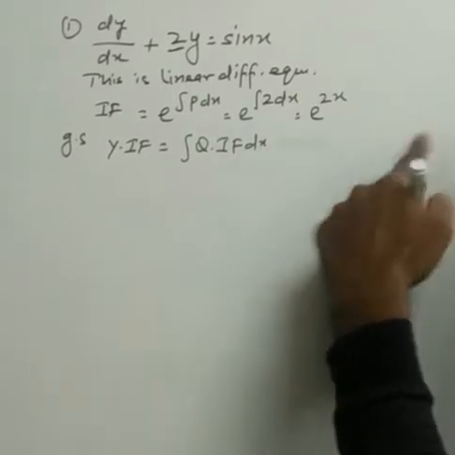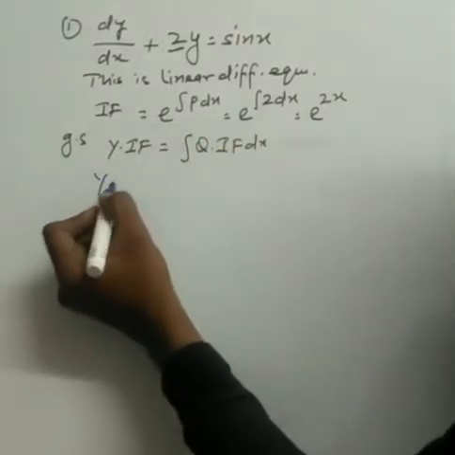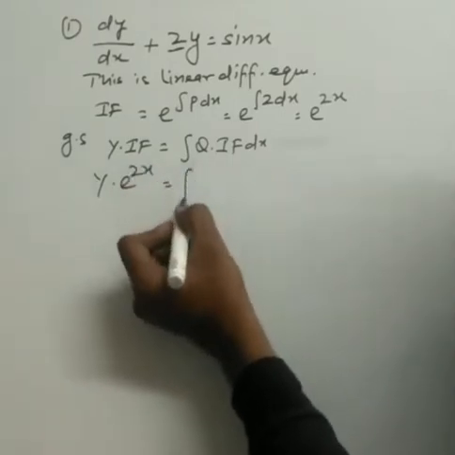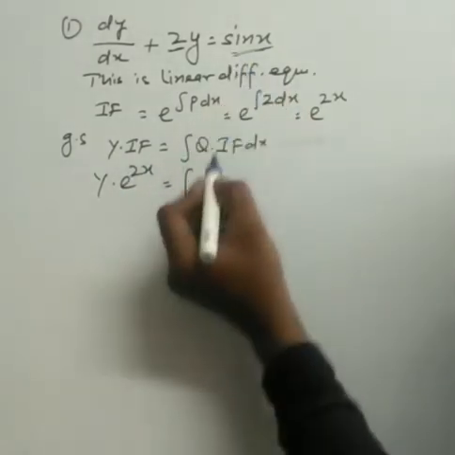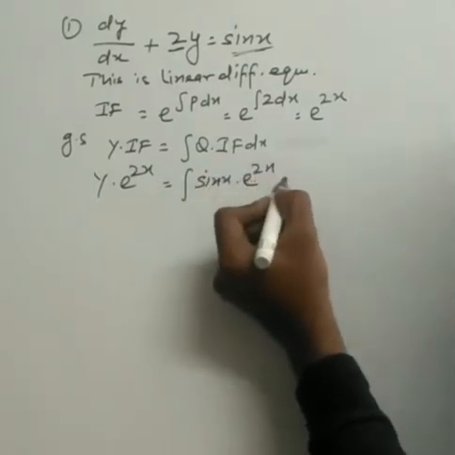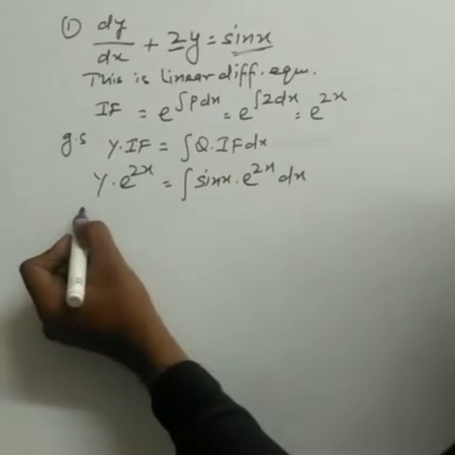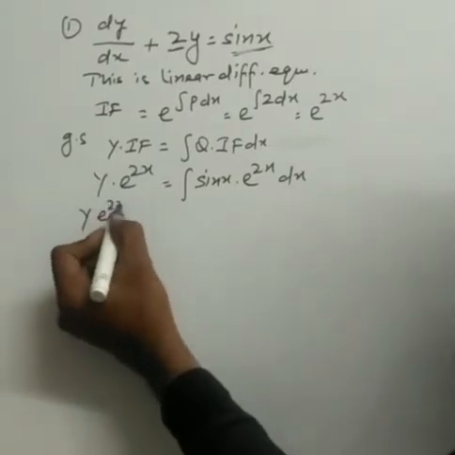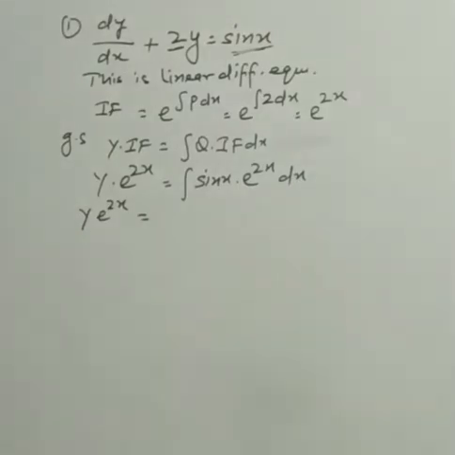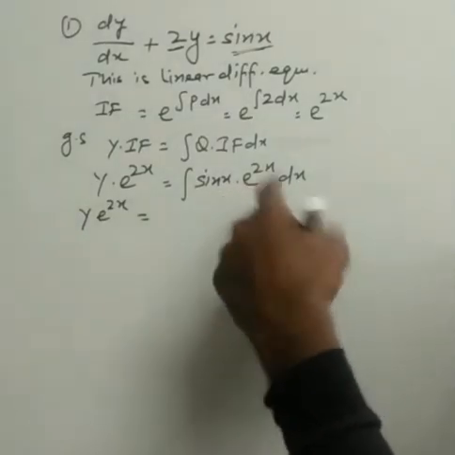C we will put afterwards. IF is e power 2x and Q is sin x. So y e power 2x equals integration of sin x e power 2x dx. Here we have to integrate by the method of integration by parts.